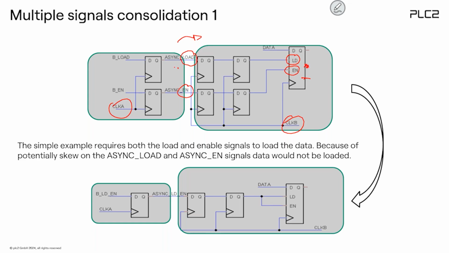But because we're using single-bit synchronization, the load signal will definitely be synchronized here, and the enable will also be synchronized here, but not necessarily at the same time. For example, the load signal can be captured 1 femtosecond later, so it will appear complete cycles later, because there's a delay associated with the net.